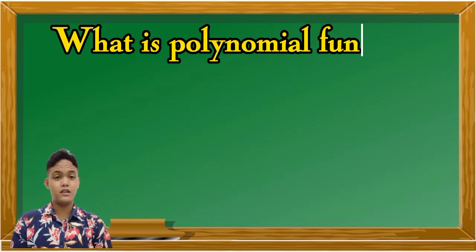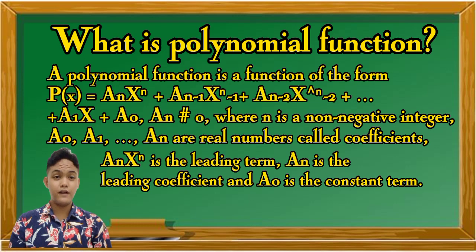So what is a polynomial function? A polynomial function is a function of the form p of x equals a sub n times x raised to the power of n, plus a sub n minus 1 times x raised to the power of n minus 1, plus a sub n minus 2 times x raised to the power of n minus 2, plus ellipsis, plus a sub 1 times x plus a sub 0, where a sub n is not equal to 0 and n is a non-negative integer.